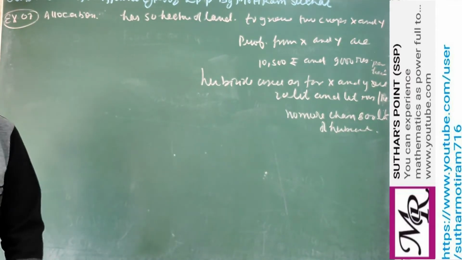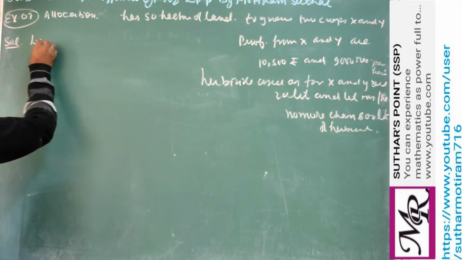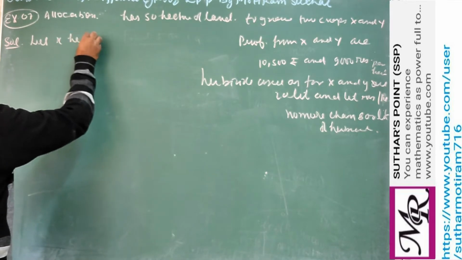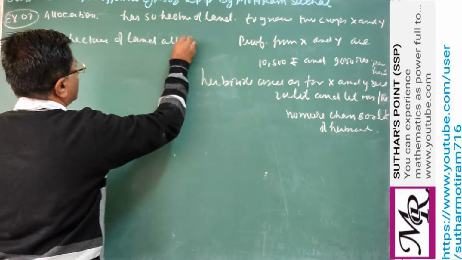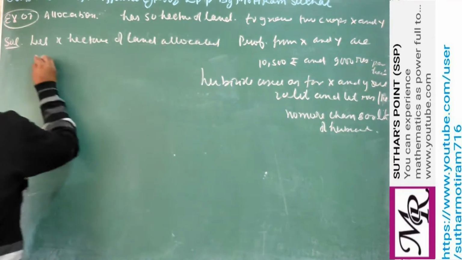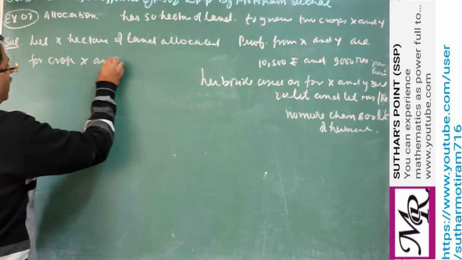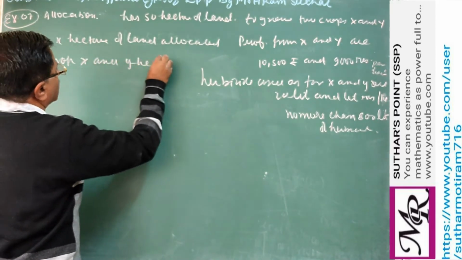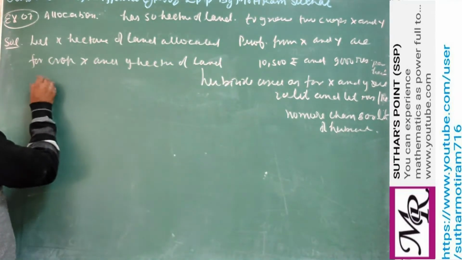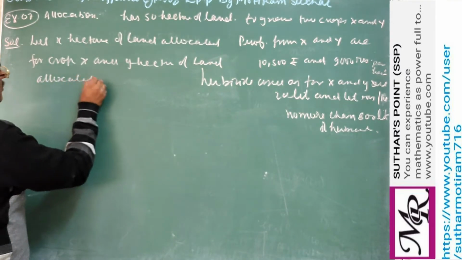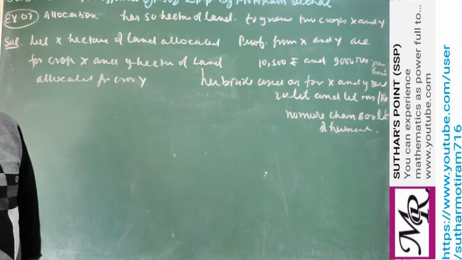So here again we say, in the solution write: let X hectares of land be allocated for crop X and Y hectares of land be allocated for crop Y. So these are given.